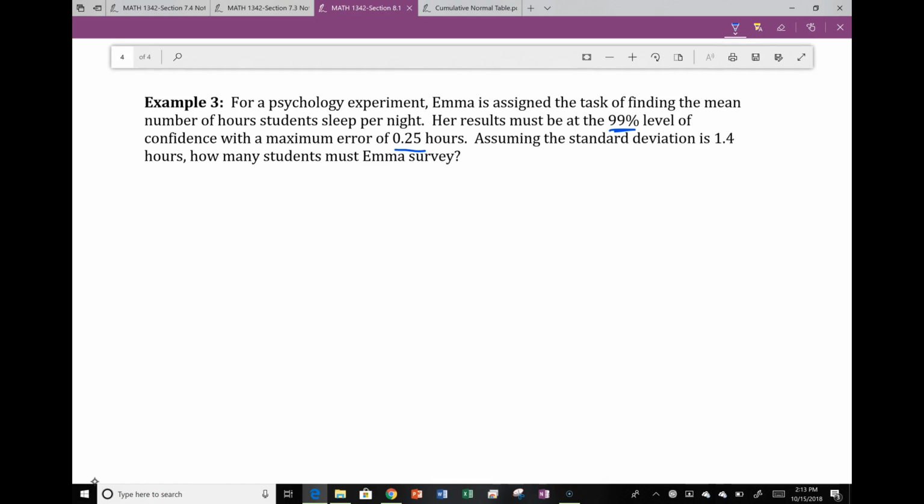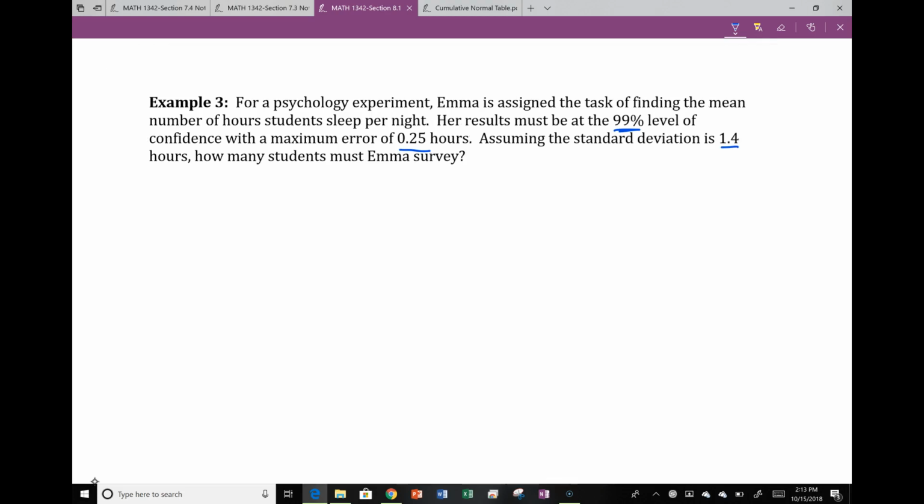Assuming the standard deviation is 1.4 hours, how many students must Emma survey? So she only wants a margin of error of 0.25. We want a confidence level of 99%, so we've got a large confidence here.